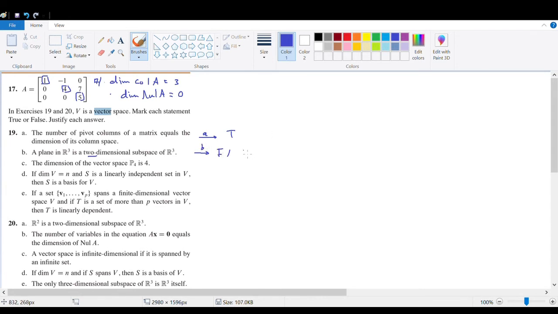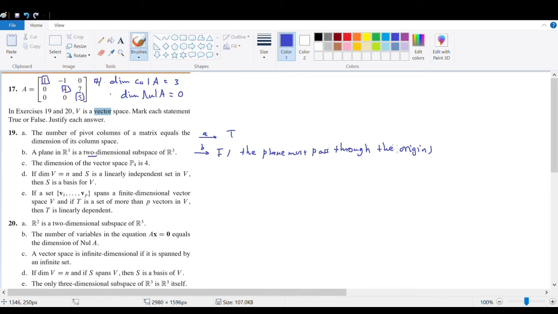The plane must pass through the origin, so that we conclude it is two-dimensional.